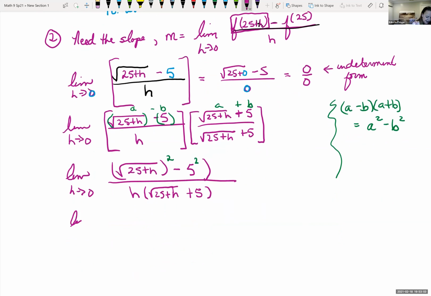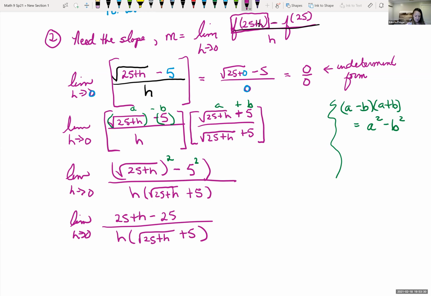Okay, so we have the limit as h goes to 0 of the square root of 25 plus h quantity squared. Square and square root cancel each other, so we get 25 plus h, minus 5 quantity squared, which is 25, all over h, all times the quantity square root of 25 plus h, plus 5.